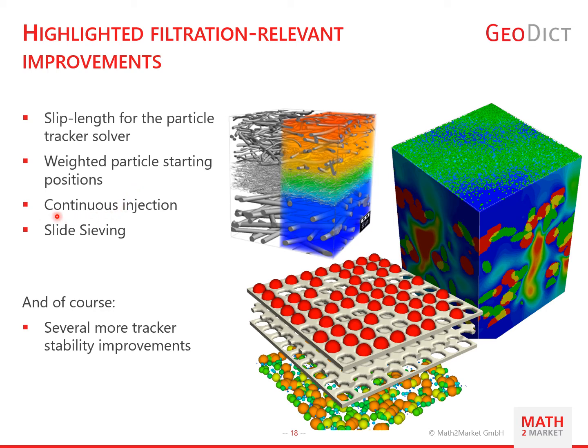The third highlighted feature is the continuous injection of particles through the domain for better filtration visualization. And the fourth point is the implementation of a so-called slide sieving for the particles. And of course, we have also some more tracker stability improvements in the new version of GeoDict.